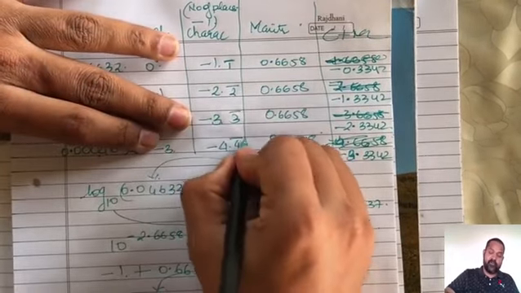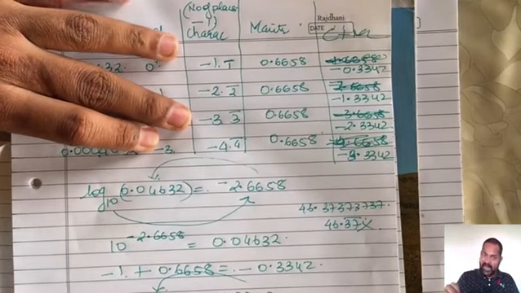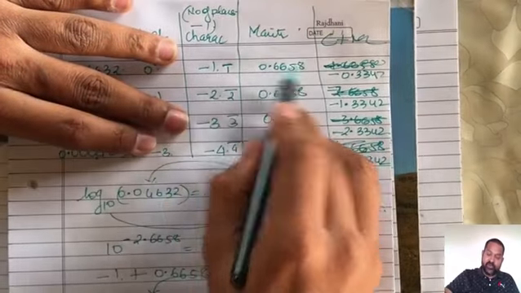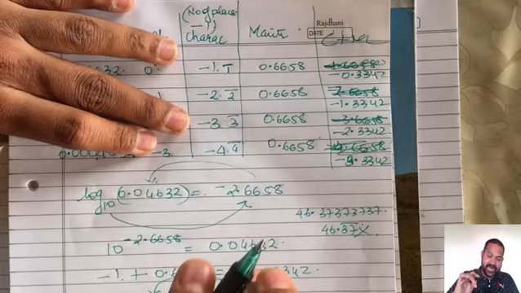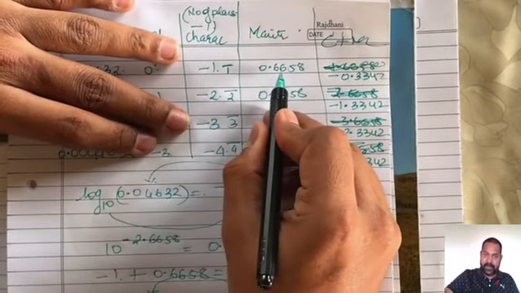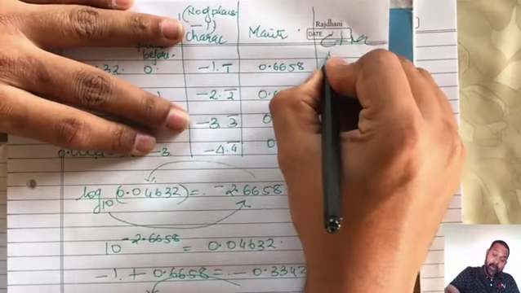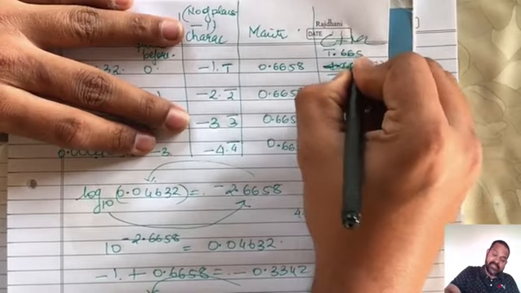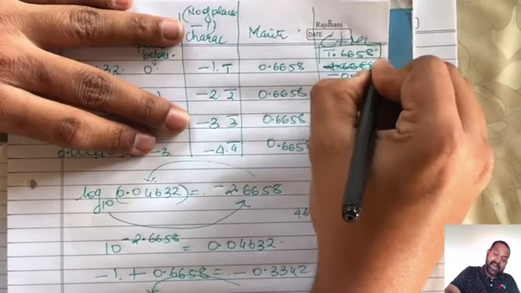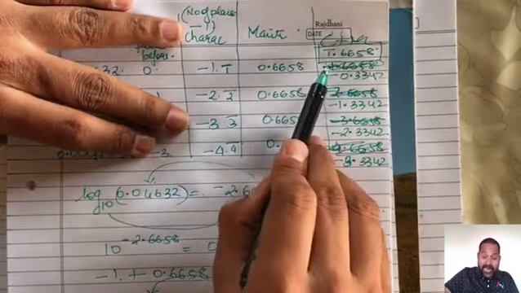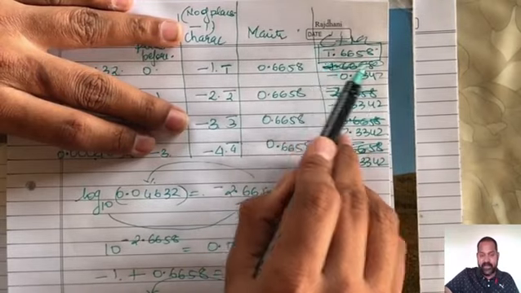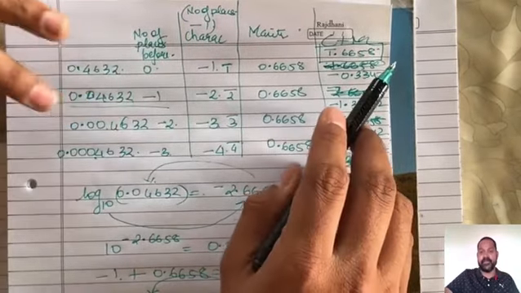Bar 3, bar 4. And now we combine these two for the log and write this directly as characteristic plus mantissa, and that is bar 1.6658, but the bar represents that only the 1 is negative, the 6658 is positive.